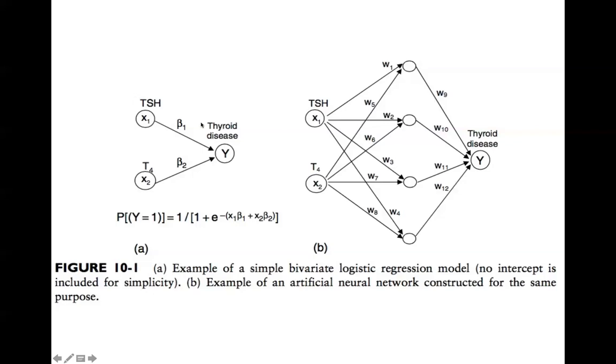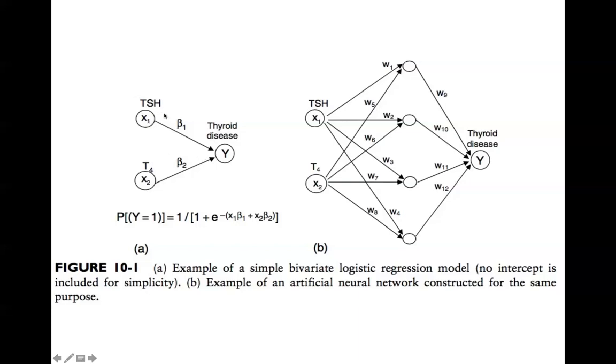So what's the main difference between the left-hand side and the right-hand side? I think the important thing is that on the left-hand side, the formula only calculates the probability or the inference from each single parameter. We don't have the interaction between TSH and T4, because we know sometimes we need both hormones together to see the effect.